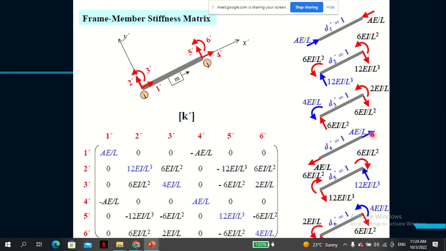So this is more of like we are considering, you remember the Maxwell theorem, that if you apply a force here, it will cause a displacement, the same effect in another area. Now for moments and shear forces, they affect two things. Moments affect the degree of freedom of the moment, and also affect the degree of freedom of the shear force.